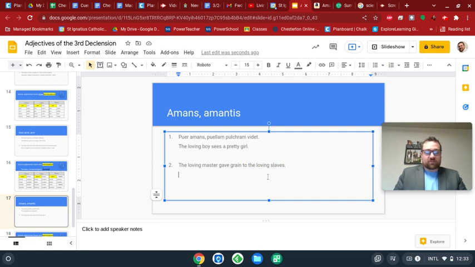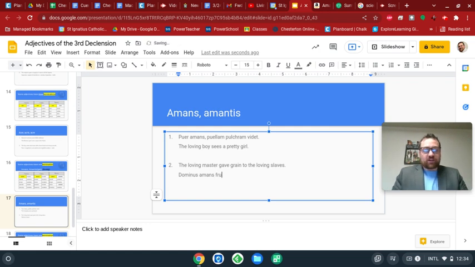Okay, the loving master, dominus is master. And because this is an adjective of 1 termination, amans is going to be used for all genders, so it doesn't matter as long as it's singular, right? Dominus amans. Okay, he gave grain. So we'll save gave till the end.